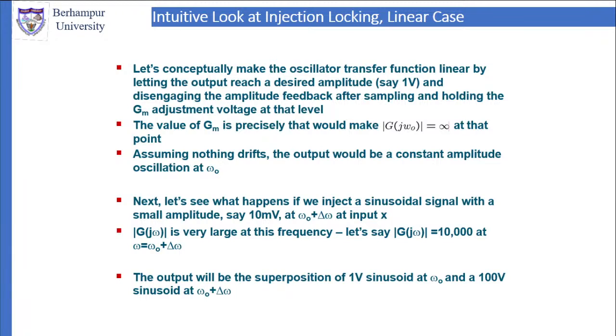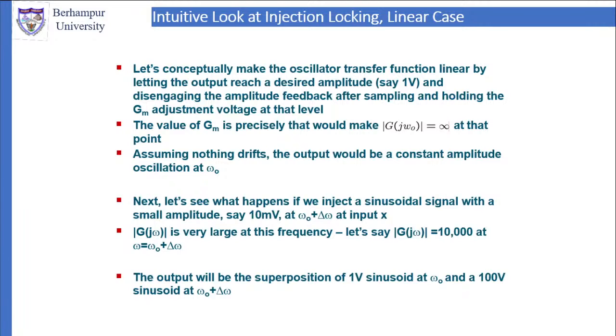The value of GM is precisely that which will make the absolute value of G equal to infinity, exactly at that point. Assuming that nothing drifts, the output would be a constant amplitude oscillation at omega 0.